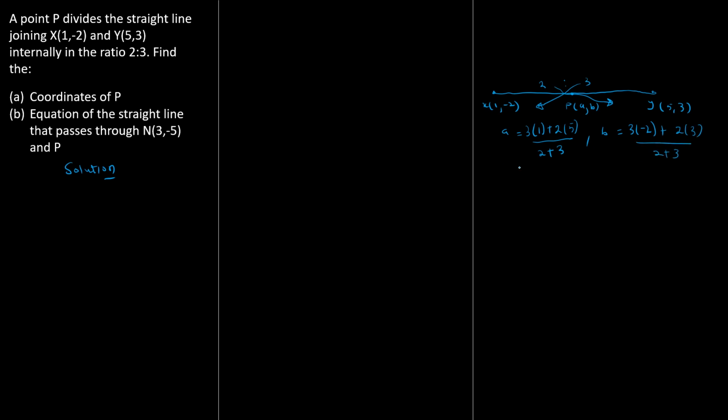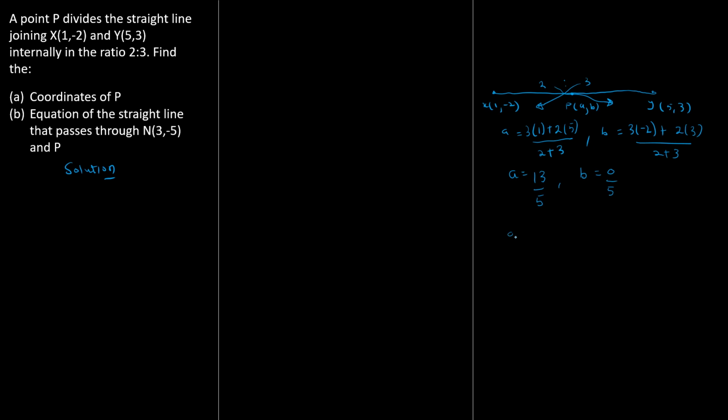In this case A is equal to 3 times 1 will give you 3, plus 2 times 5 will give you 10. So 13, and 2 plus 3 will give you 5, so 13 on 5. And here B is equal to 3 times -2 will give you -6, and 2 times 3 will give you 6. -6 plus 6 will give you 0, so 0 on 5.